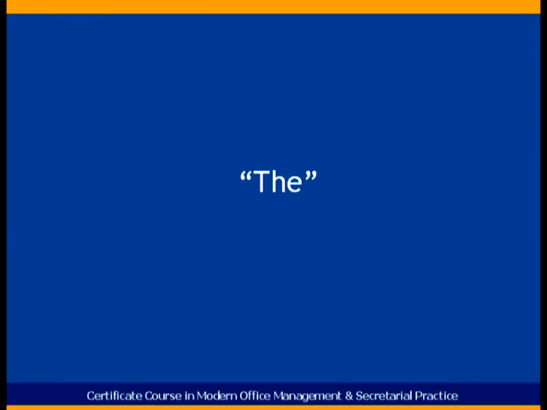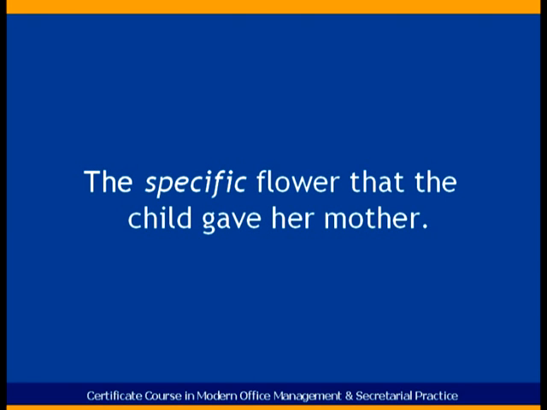In other words, we are now not talking about something in general. Rather, we are referring to a particular thing. Which flower are we talking about now? The flower that the child gave her mother. The specific flower that the child gave her mother.